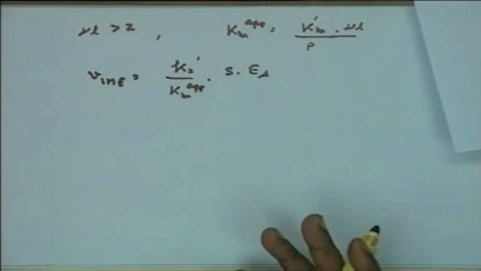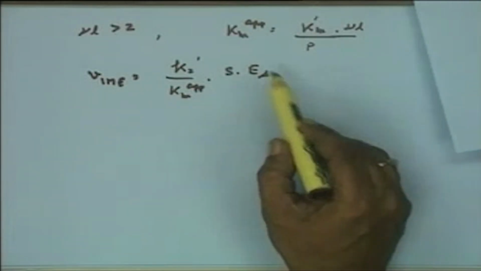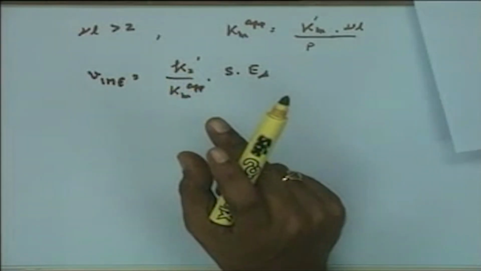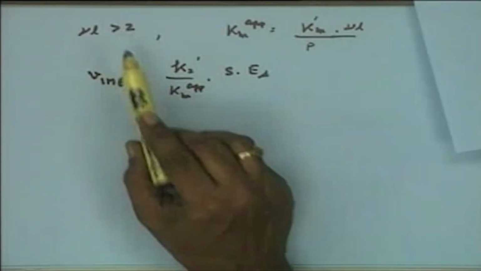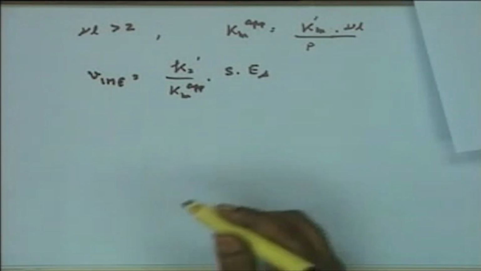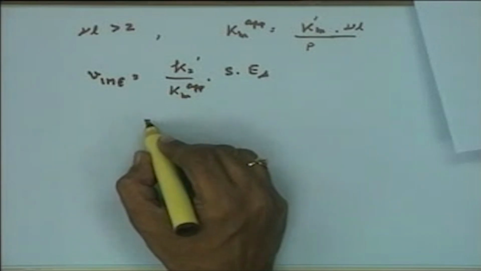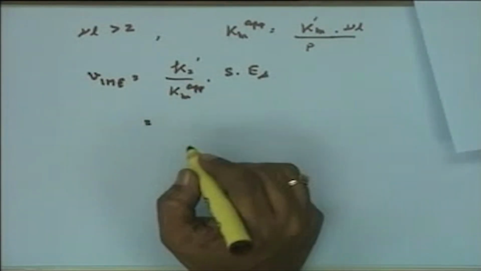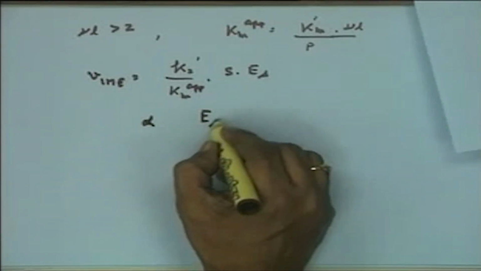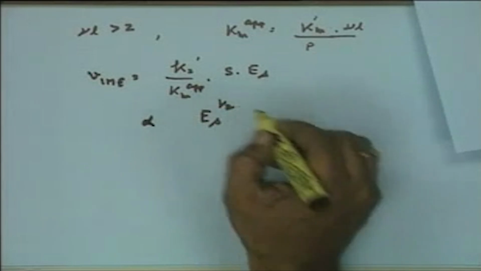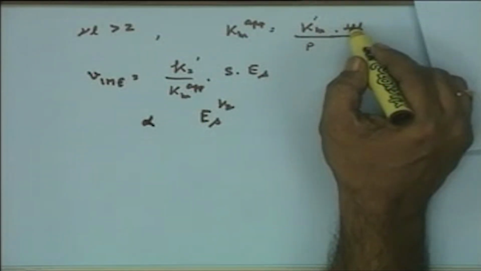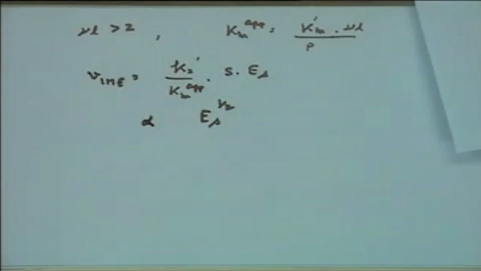That means again first order kinetics at low substrate concentration, but where gamma L is greater than 2, that means the value of F is 1 upon gamma L. Under that condition, if you substitute the various terms, V immobilized enzyme preparation will be proportional to Es to the power half.